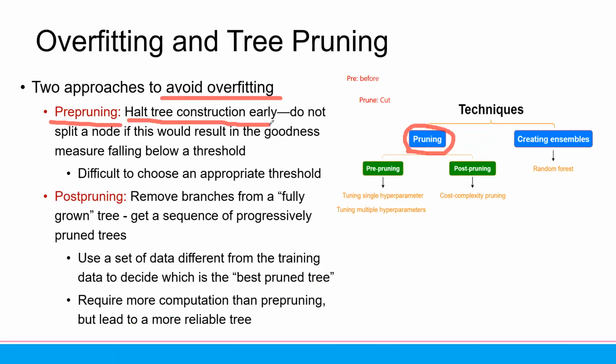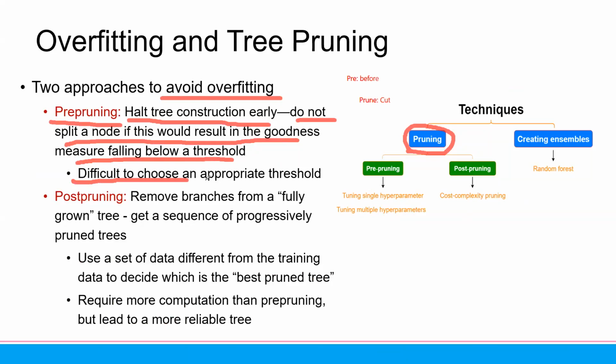So before we construct the decision tree, do not split a node if this would result in the goodness measure falling below a threshold. So if we already set a threshold, and let's say the tree is below the threshold, then we cut before we build the decision tree.